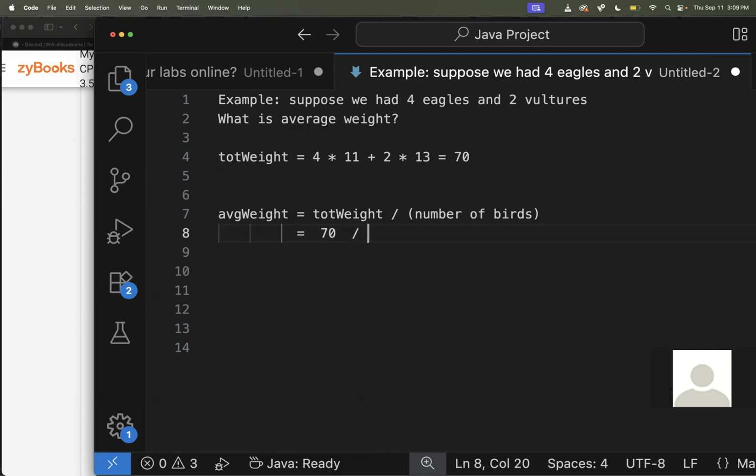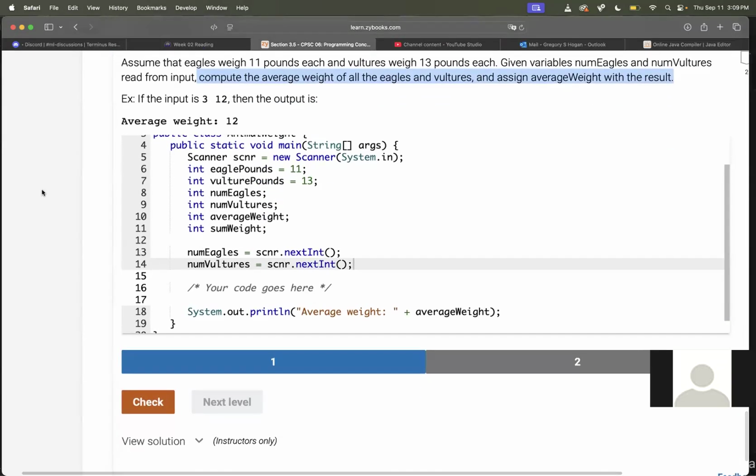And then the total number of birds would be the 4 plus 2, which would be 6. So I'm just kind of scribbling here, but this is the logic. We need to weigh all the birds together, and we also need to know how many birds there are. Okay, so with that in mind, come back to the problem.